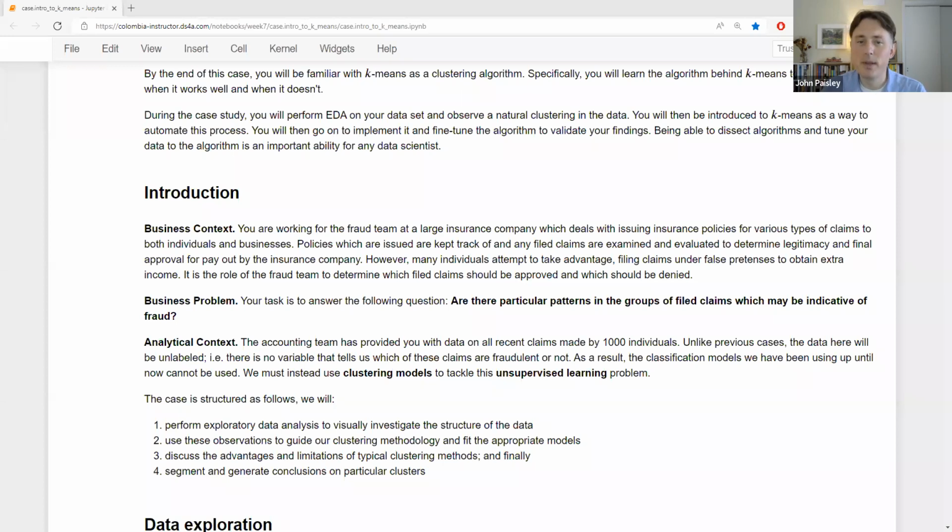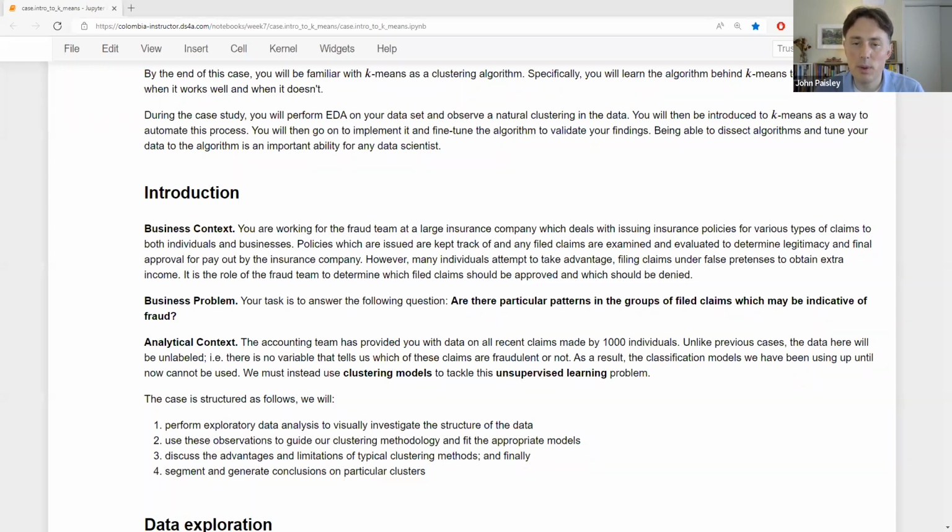So the role of the fraud team is to try to determine which claims should be approved and which should be denied. And they could be denied for fraud, or they could be denied for legitimate reasons, because not every insurance claim is approved. So the question is whether you should approve or deny a claim.